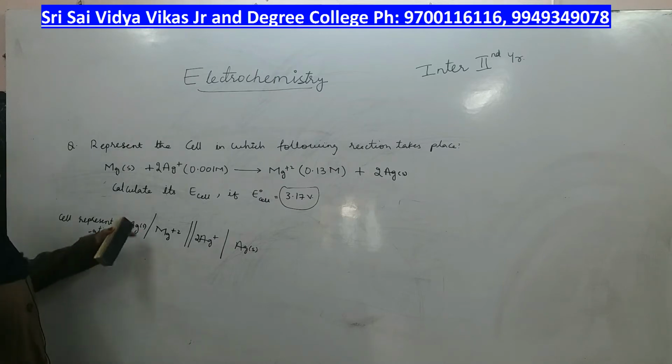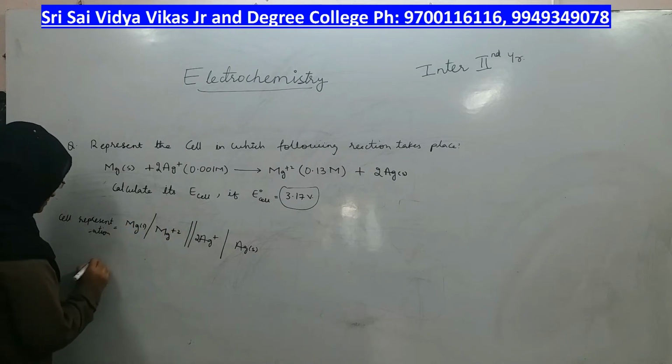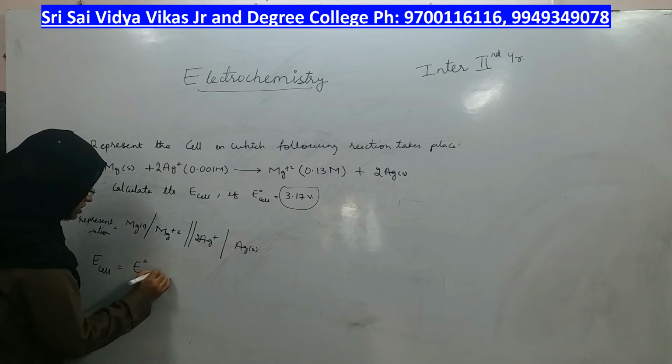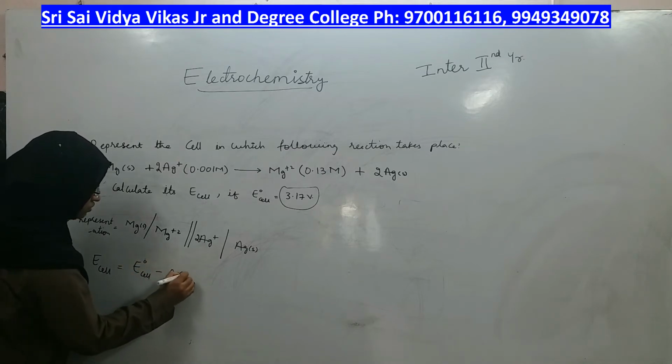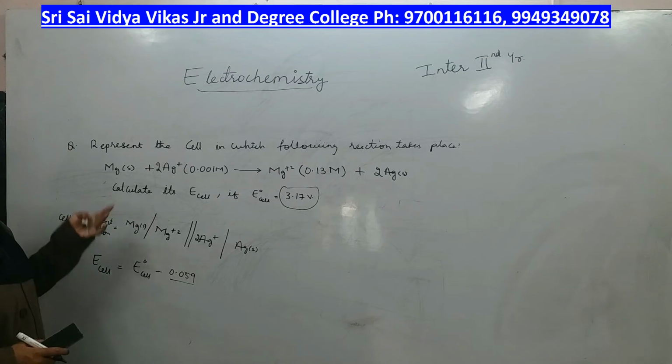Now let us write the Nernst equation for this. Cell potential is equal to standard cell potential minus 0.059 by n. What is the value of n? How many electrons are lost or gained?